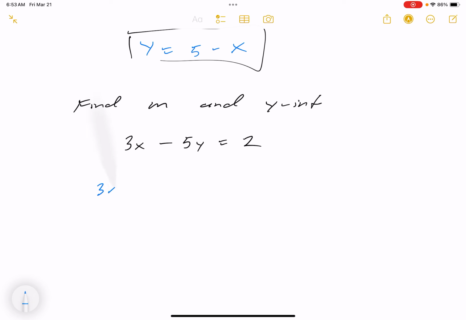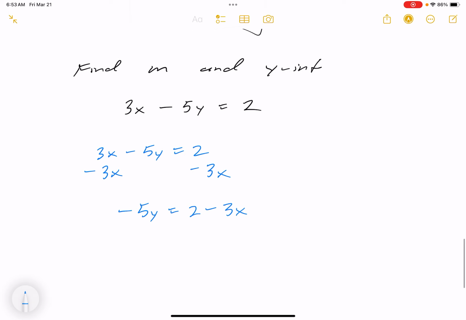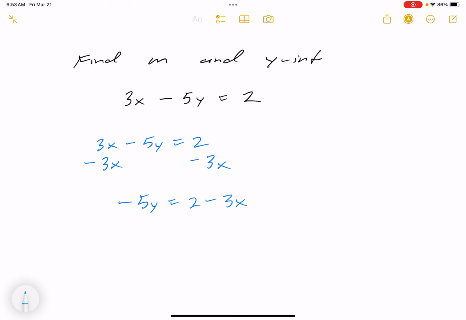So we got that. Subtract 3x from both sides: negative 5y equals 2 minus 3x. Let us divide everything by negative 1, so the negatives will cancel out.